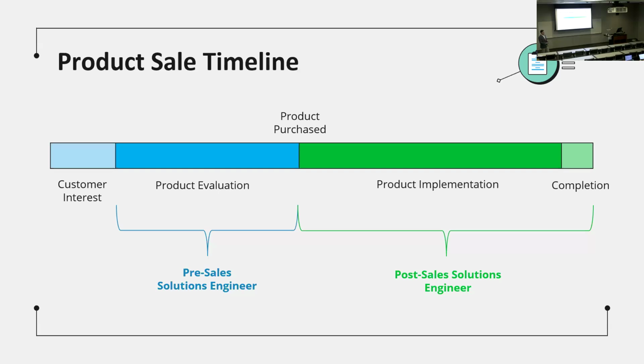We need an expert. We need to show them that these features and capabilities are exactly what they're looking for. So at this point, you're going to be doing a lot of communication with the customer and with your sales team. You'll all be in a big group working together.